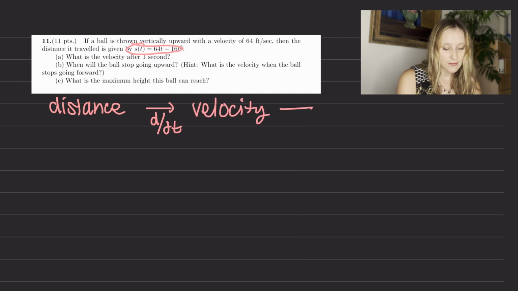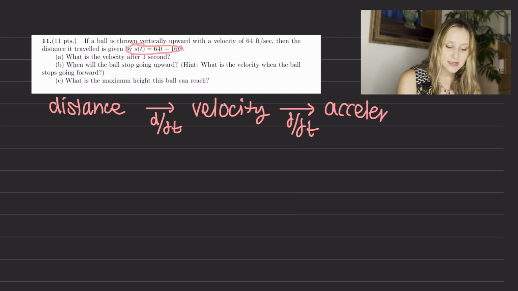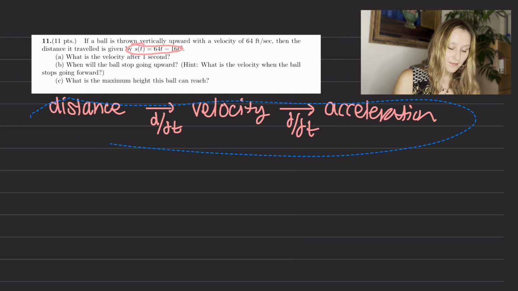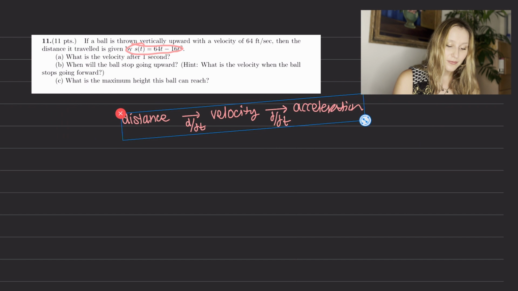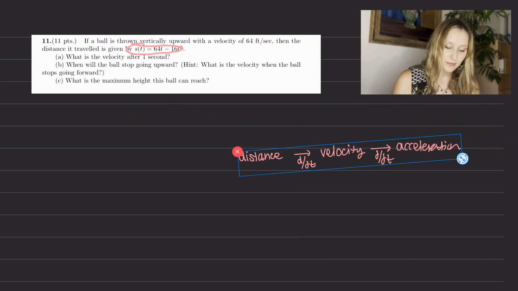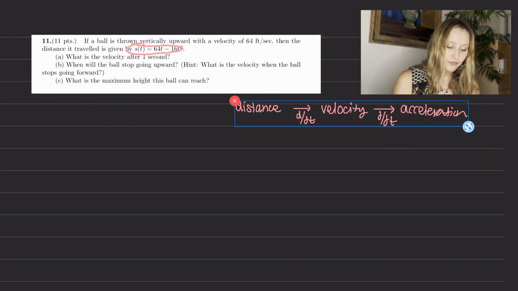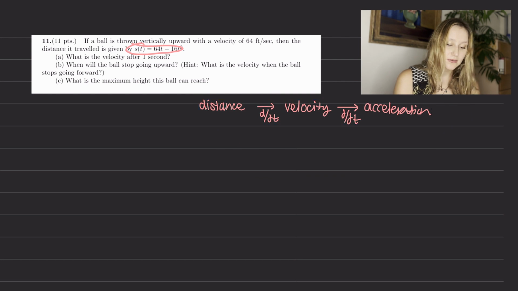Take the derivative, you get the acceleration. That's just the fact of the matter, you guys. That's the facts of the facts. Argue me. Prove me wrong. You can't. You won't be able to.